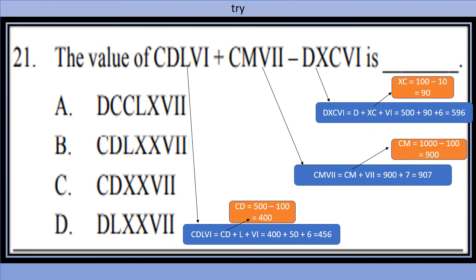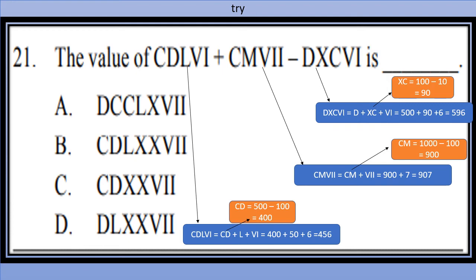L is 50 and VI is 6. V is 5 and I is 1. So 5 plus 1 is 6, as I appears on the right side of V. Now second is CMVII.